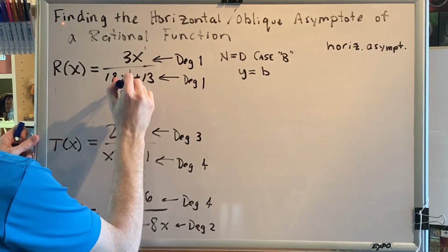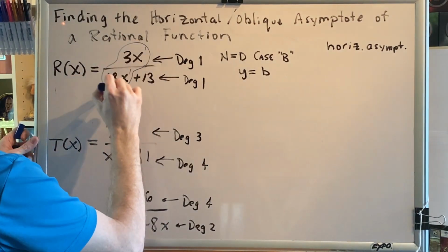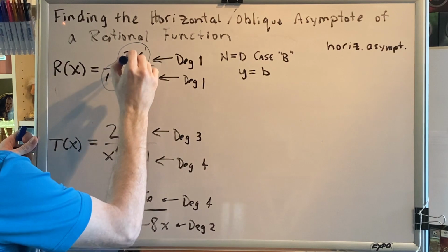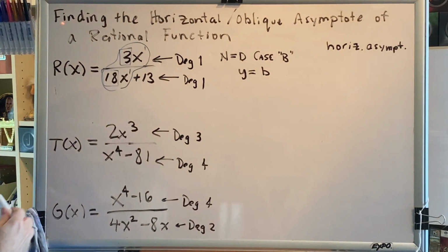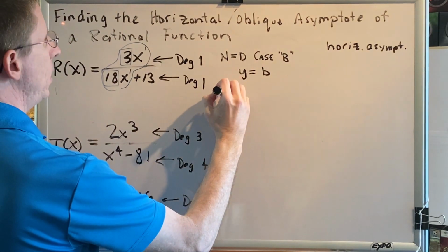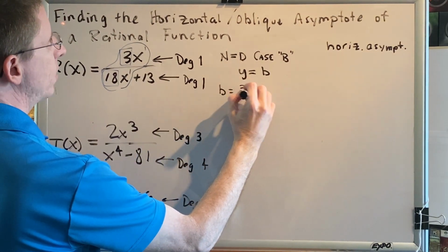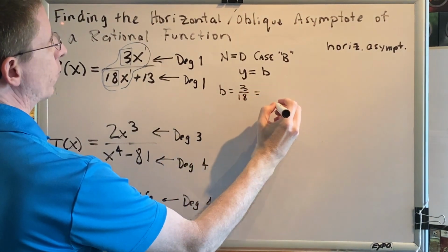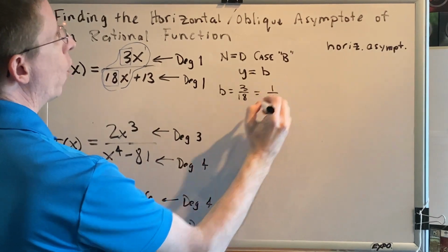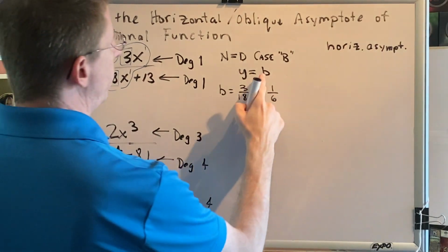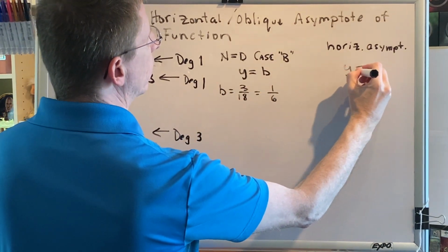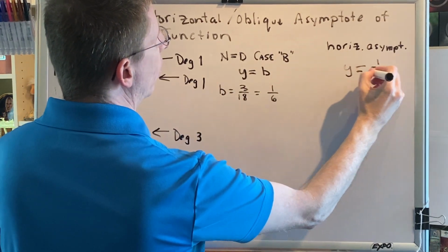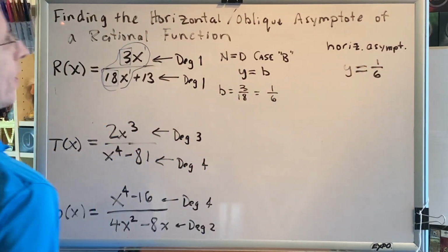So using the terms that told us the degrees of our polynomials, I'm going to divide their coefficients. So in this case, 3 divided by 18. So b equals 3 divided by 18, which as a fraction reduces to 1 over 6. So b is 1/6, so we get y equals 1/6 as the equation of our horizontal asymptote.